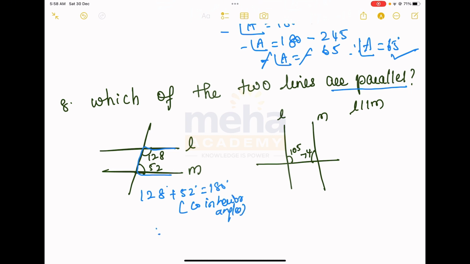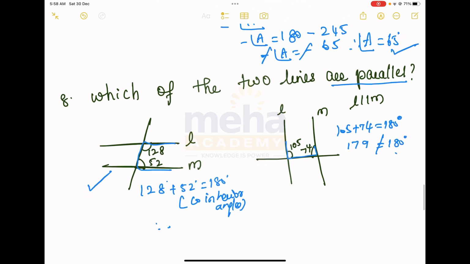So therefore, this is the answer. The same if you try the concept here for co-interior angles, 105 plus 74 should give us 180 degree, but here it is 179, which is not equal to 180 degree. So the answer is figure A.